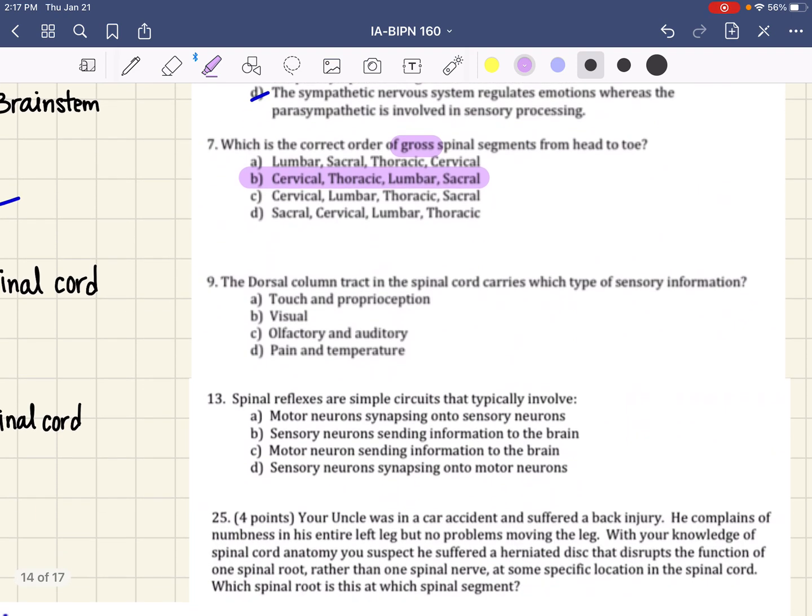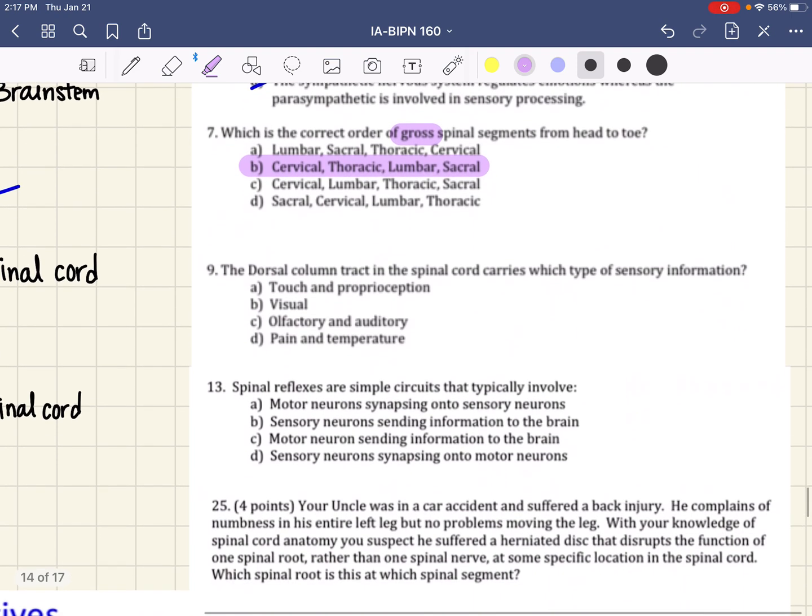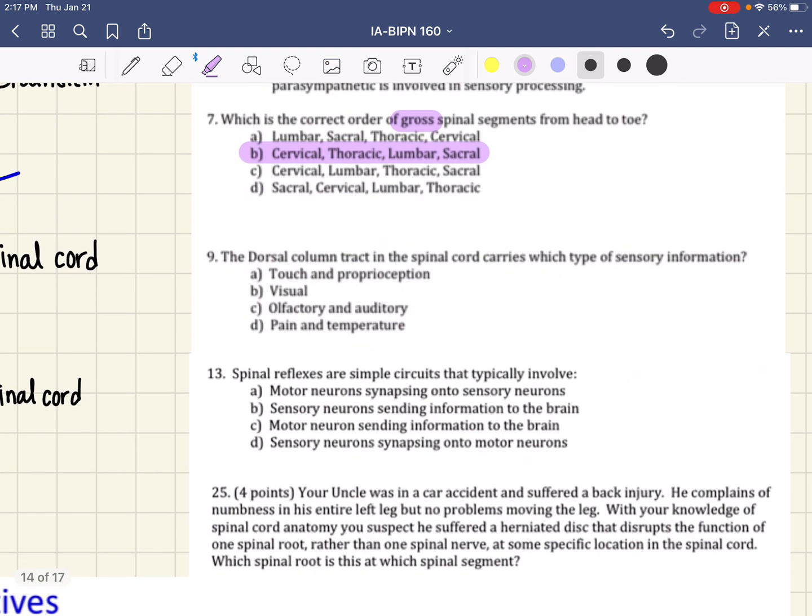Okay, number 9, I guess we skipped 8. Number 9, the dorsal column tract in the spinal cord carries which type of sensory information? And if you remember from the chart, I believe it was fine touch and proprioception.